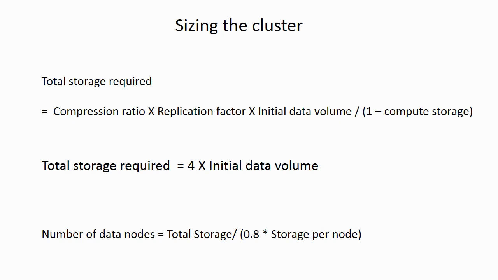So this is what you do. Does your system use compression? If it does not use compression, then the compression ratio is 1. What is the replication factor? It's usually 3.